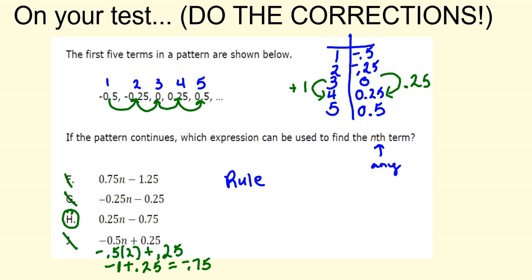So where did that come from? Now, I told you guys, and we pushed this through class. Now, if I were to write this as a sequence rule, there's 2 ways I could do it. I could do 0.25 times n minus 1, meaning I'm taking away that first term, and I could add, or I could subtract my first term.